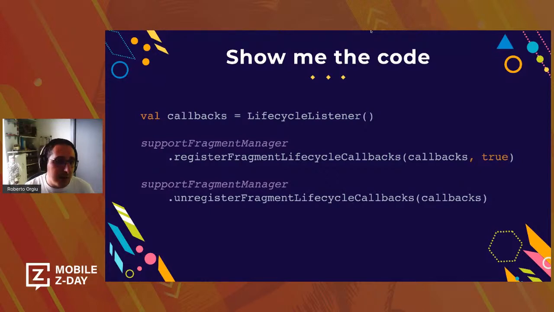What does it mean? Well, if we register these lifecycle callbacks inside an activity and we set the recursive mode to true, we'll tell the support fragment manager that if any of our fragments will ever spawn a child fragment, well, we want to be informed. And since this is set to true, if a child of one of our child fragments is created, well, we'll be notified as well.